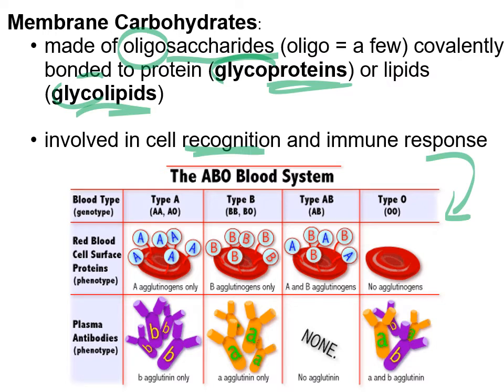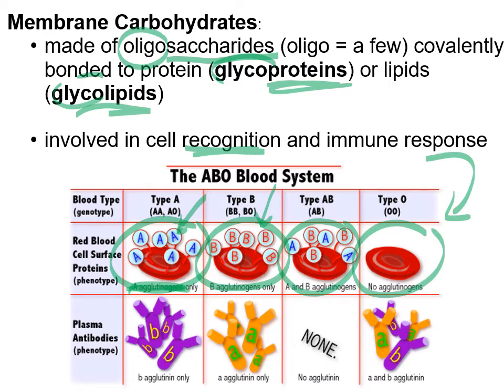So if you are type A blood, what that means is that your blood cells themselves have little A markers on them, not letter markers, but just a particular structure on the outside of these cell membranes that we have labeled A. There's another version of that marker that we have labeled B. And so if you're type B, you may have that marker. And then some people have both markers, and other people have no markers at all. So depending on which type you have, if you're type O, that means you don't have either one of these markers.